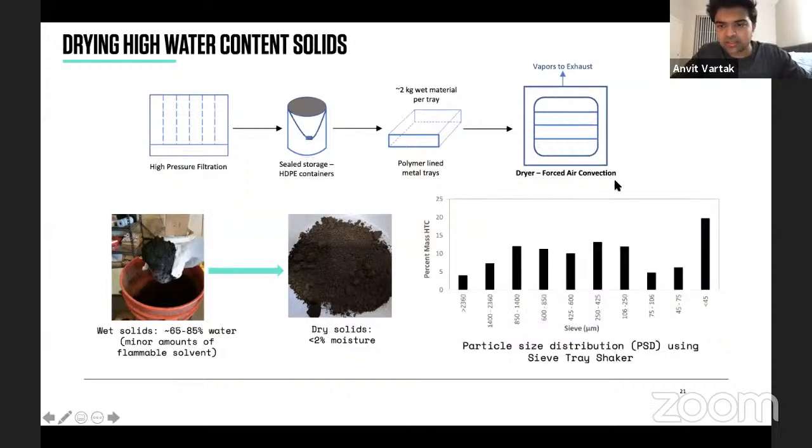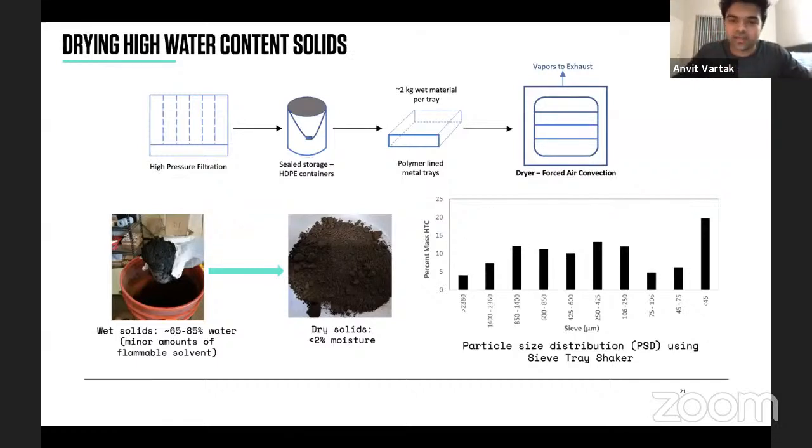So we do a particle size distribution of these. It is very simple. I think you must have done that in the SFMO lab with solid fluid mechanical operations. You have sieves with different micron sizes, and you just use the sieve shaker to see what particle size you have, depending on how many particles pass through a certain size range.